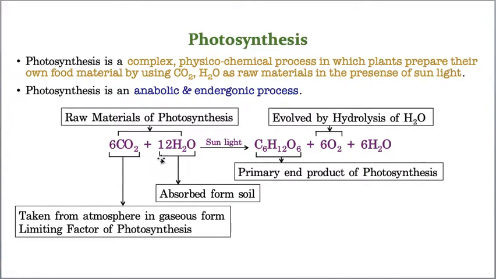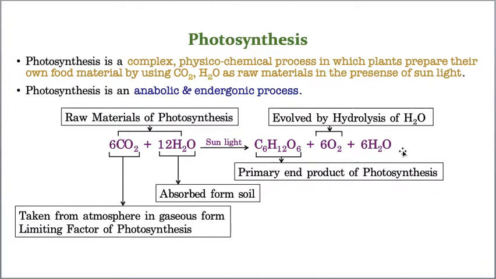See here, 12 waters are involved, but the output is half, that means for every one oxygen, two water molecules need to break down. This is a very important point you need to understand, and along with that some water also will be released. That is the reason why in almost every class I tell you, if plants are not there, you don't get oxygen.